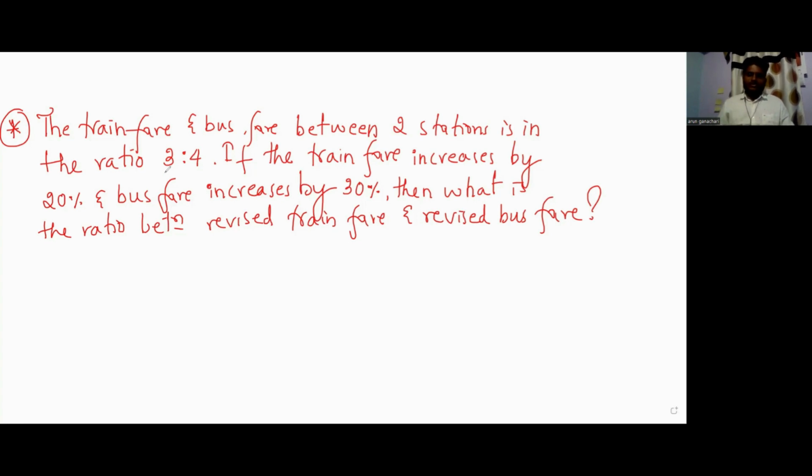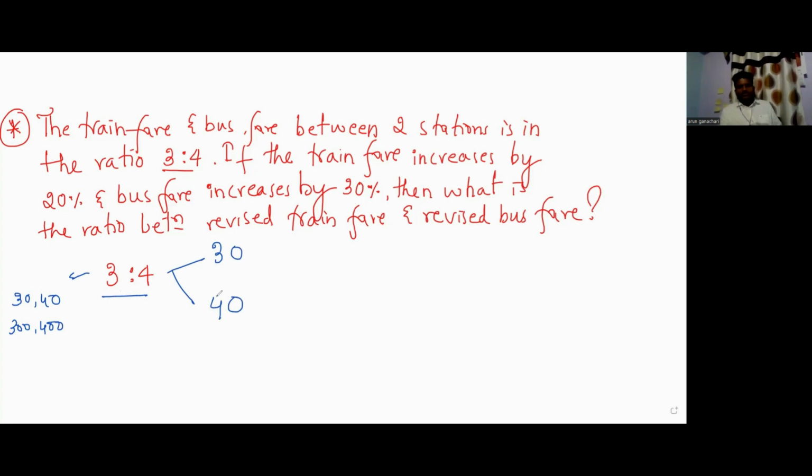Whenever you get something in the ratio form, try to write it in some hundreds. We'll assume that in 100. What is the meaning of ratio being 3:4? It can be anything. It can be 30:40. It can be 300:400. But for our calculation purpose, let's take a smaller number. So if the ratio is 3:4, I'll take them as 30 and 40.